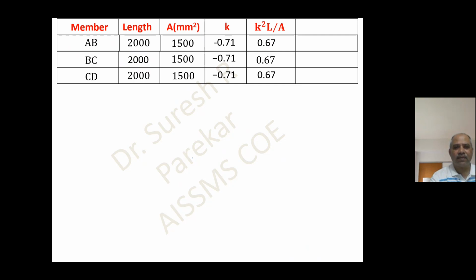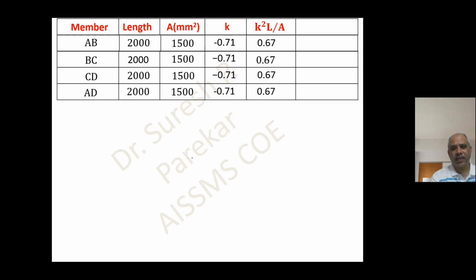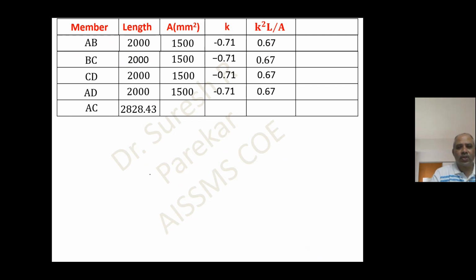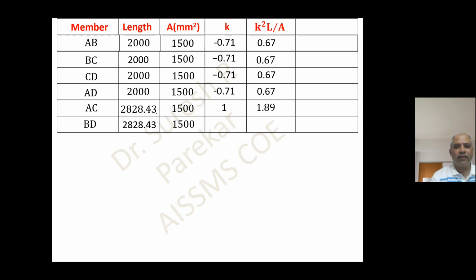Then for the diagonal AC, the length is 2828.43, because it is root of 2 square plus 2 square, which comes to 2.82. So 2828.43, area is the same, K is 1, K square L upon A is 1.89. BD is also 1.89, because BD and AC are the same.